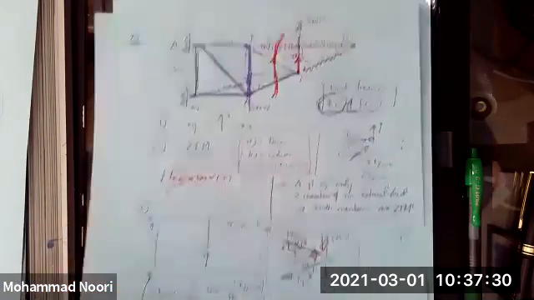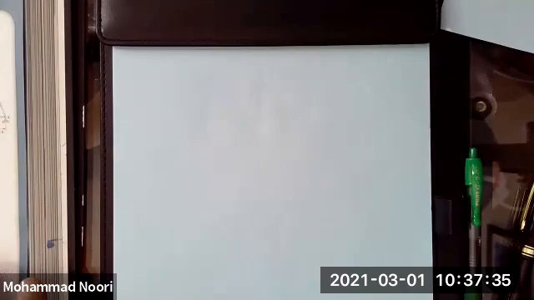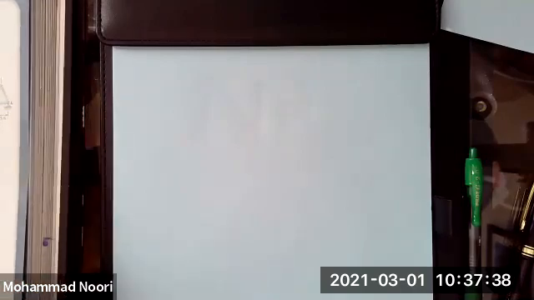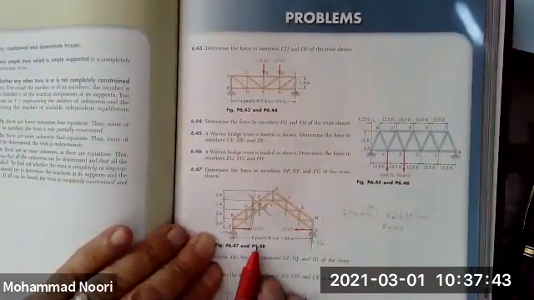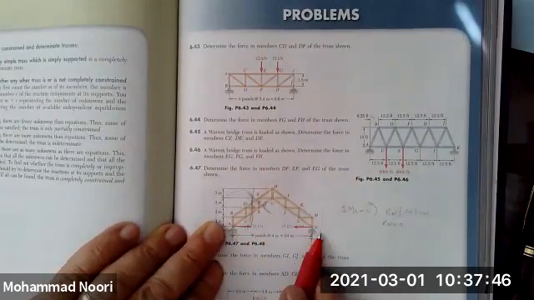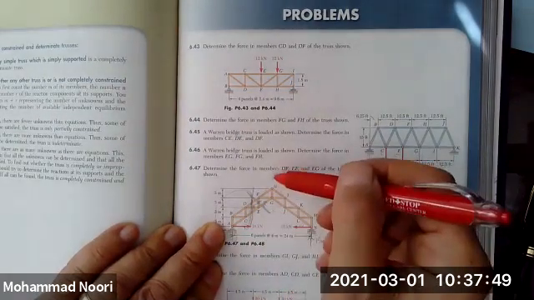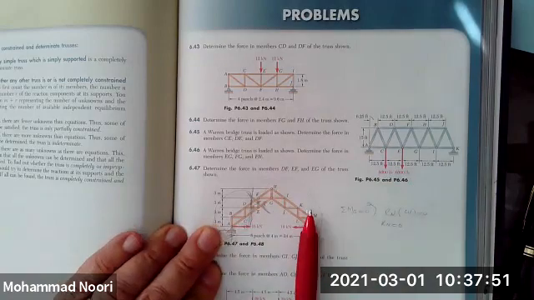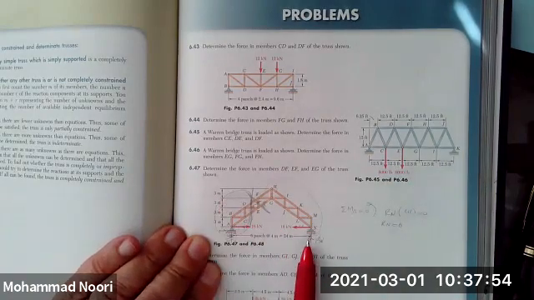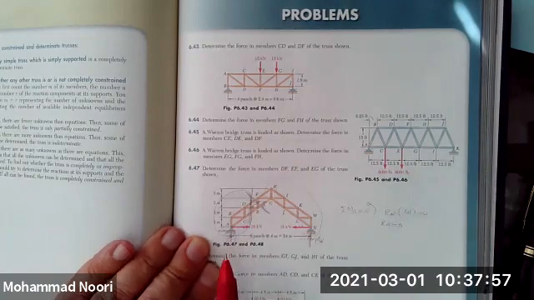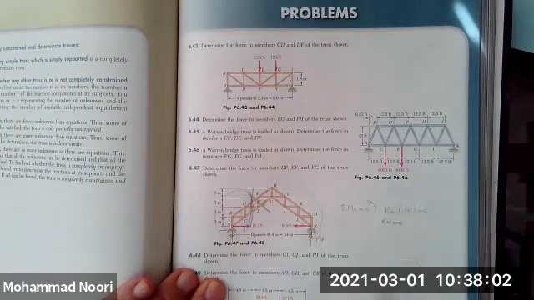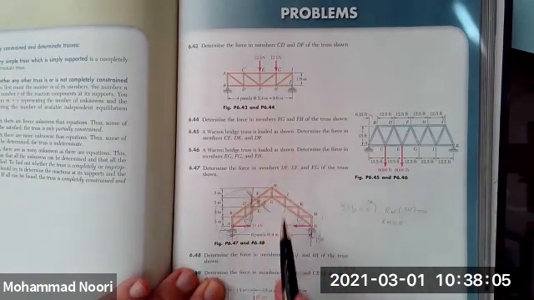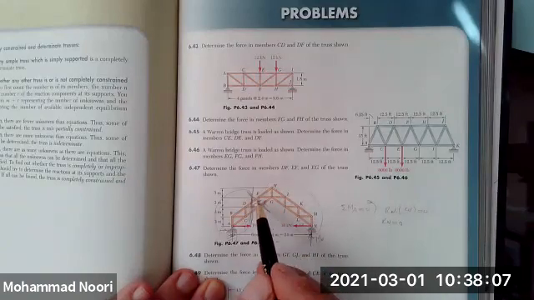I'm going to do a problem from your book because I want to re-emphasize the concept that I mentioned last time: if you have a structure that is symmetric, and this is a line of symmetry, geometrically symmetric, and the load acting on the structure is also symmetric with respect to that line of symmetry, members that are symmetric with respect to the line of symmetry carry the same load.